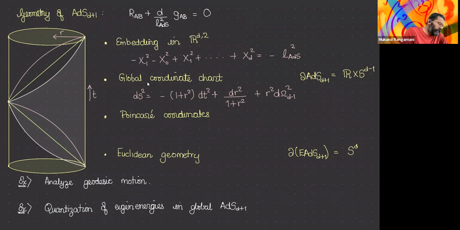There are other coordinates that are useful for calculations, and one which is pretty useful is the Poincare chart, which is not a global chart, but nevertheless, I'll tell you what it covers. This chart I'll write in the z coordinates.